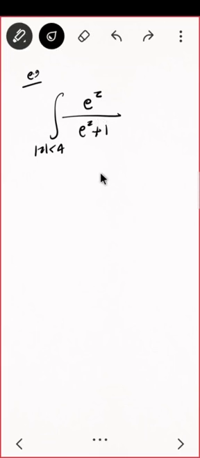First of all, what are the poles of e raised to z plus 1? You need to put e raised to z plus 1 equal to 0, correct? So that means e raised to z is minus 1. So what are the values for which e raised to z is minus 1? When does minus 1 come? e raised to i pi, I think, right?